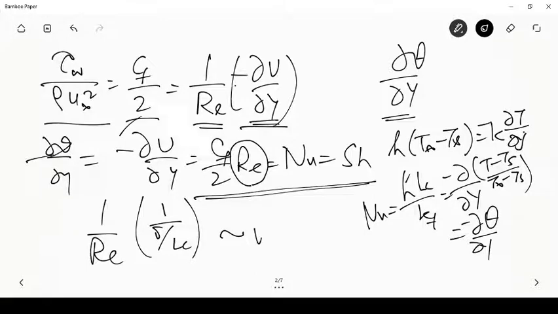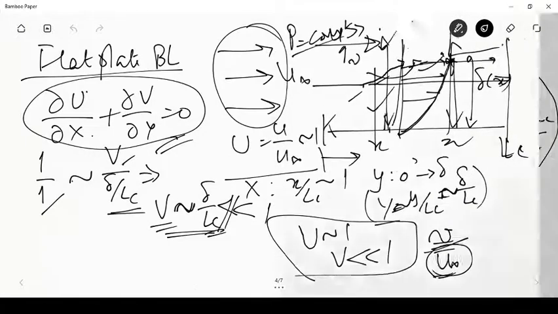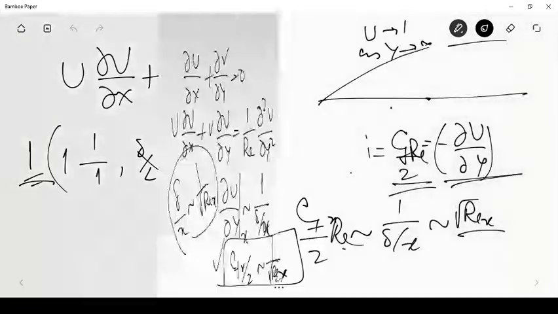So this is of the order of 1 over square root of Re. Okay, so the shear stress Cf by 2 is going to be proportional to 1 over square root of Re, and that's the result that we finally have ended up with in this derivation.